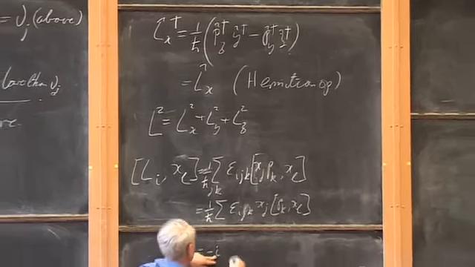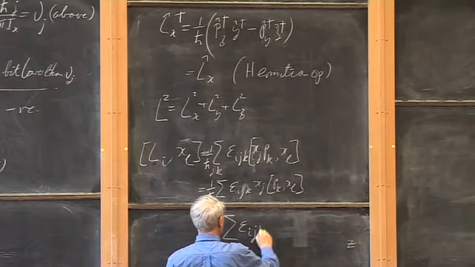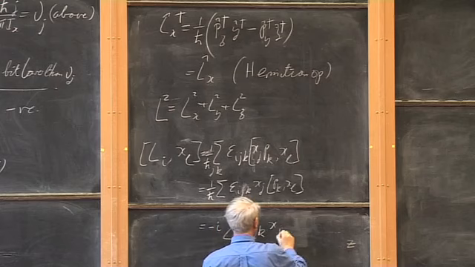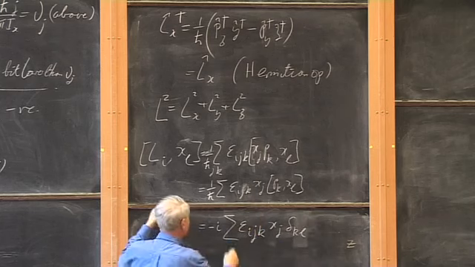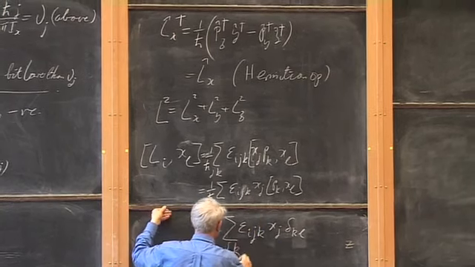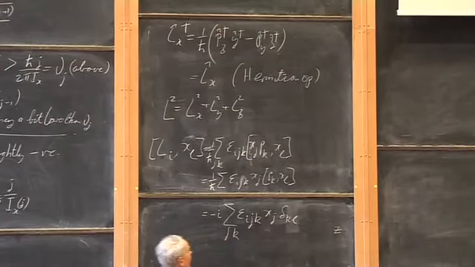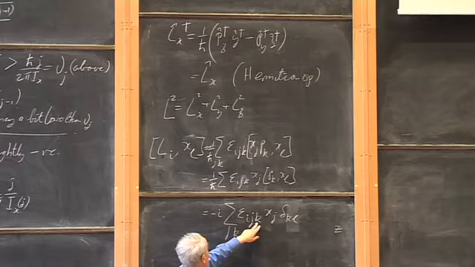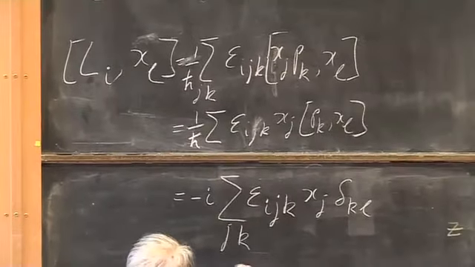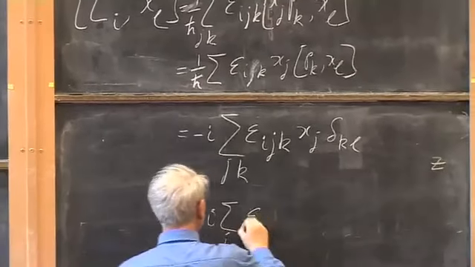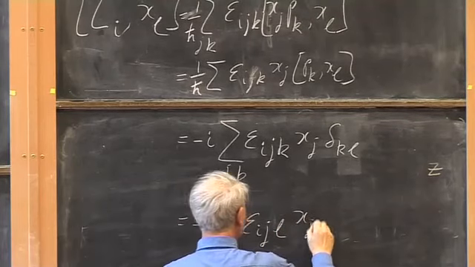The minus i sticks around and is a pain. Times epsilon ijk xj delta kl. This is still summed over j and k. When we sum over k, this becomes an l. So this becomes minus i summed over j of epsilon ijl xj.